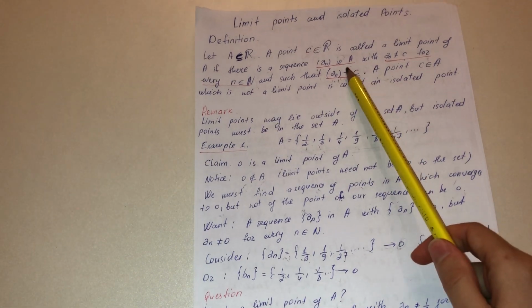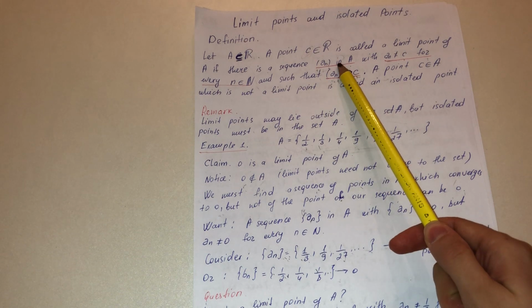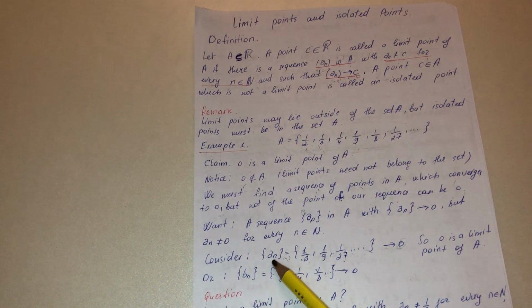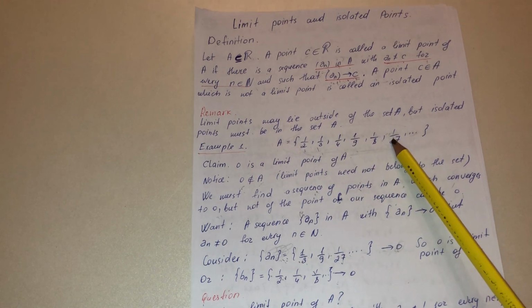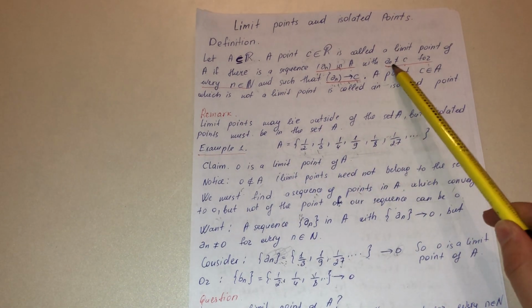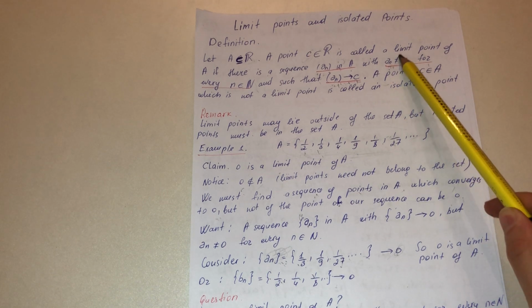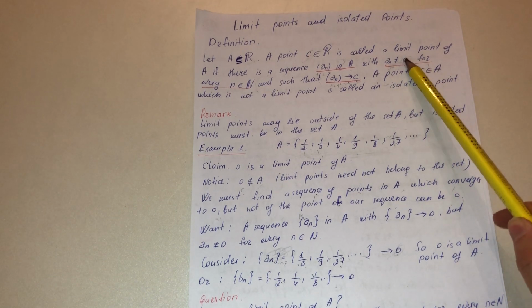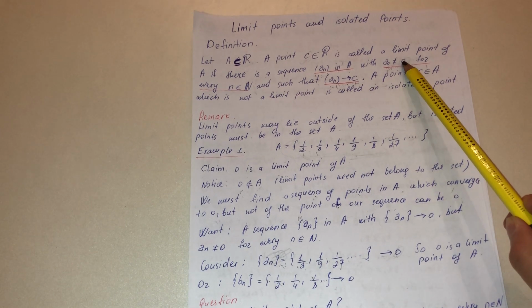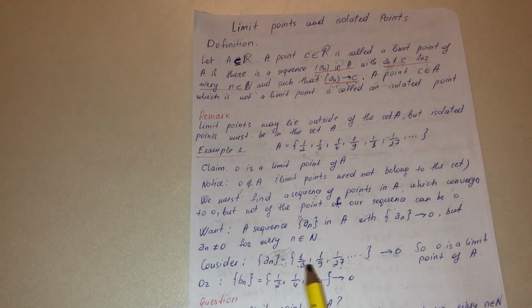Our first claim, δn in A. Yes, δn is in A. Yes, it is satisfied. Our second condition, δn is not equal to our limit point. Yes, there is no zero inside of this set, okay?